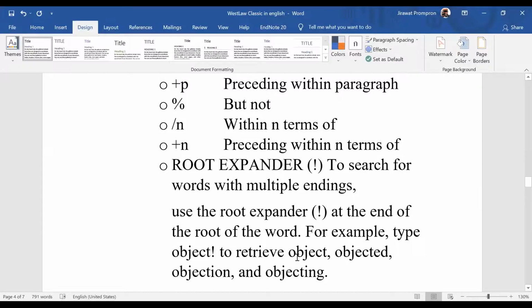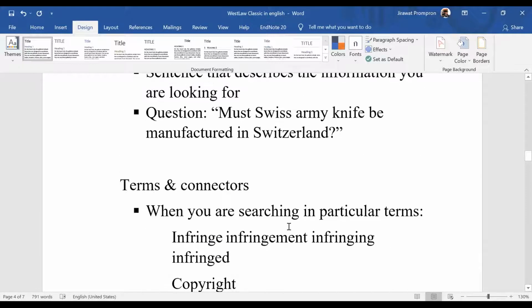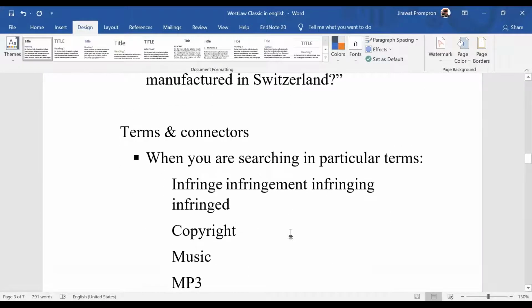So it means you have the word inflict. I don't want to type four words, I want just one word. That's enough for me, but I want to include any type of word that comes from this root.